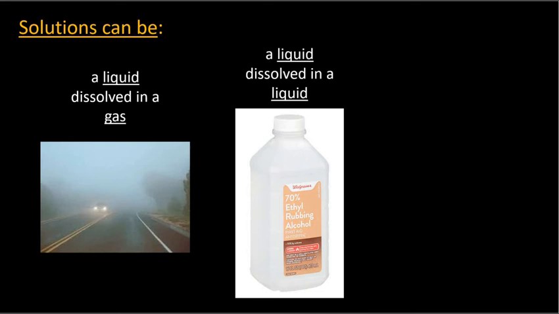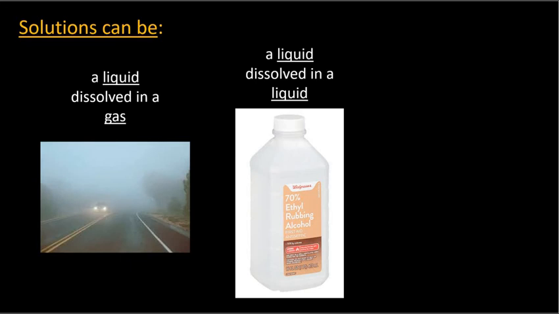This is usually what's considered for sterilizing things, cuts and wounds and such. It's a mix of ethyl alcohol, which is a type of alcohol, and water. Okay, so it's a liquid dissolved in a liquid, and you're used to this all the time. A lot of the things you drink are liquids dissolved in liquids.